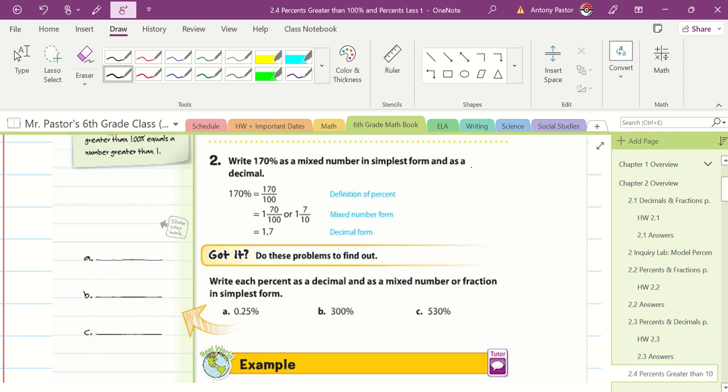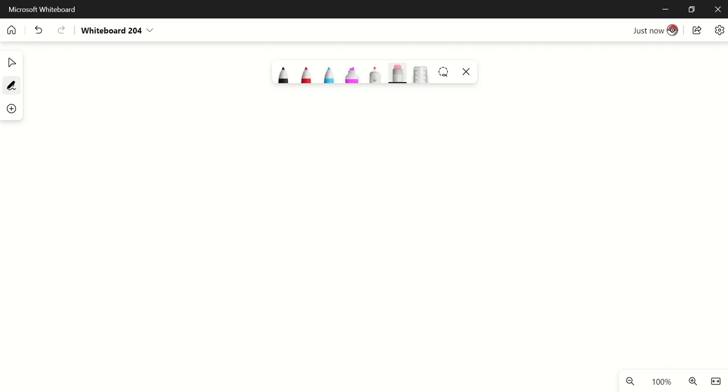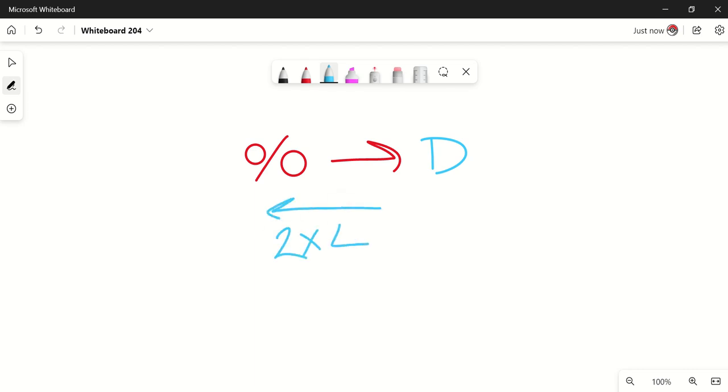Now, remember, from percent to decimal, we move the decimal 2 times to the left.